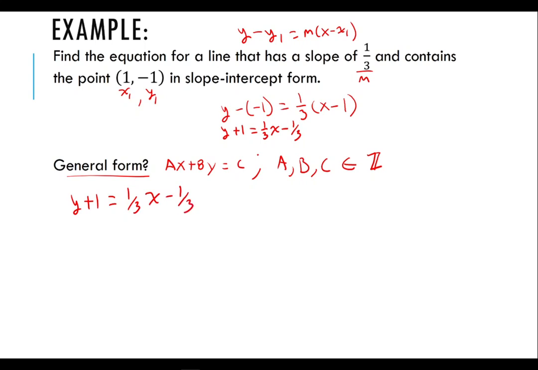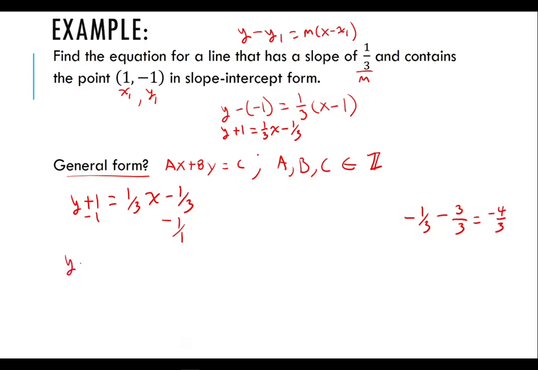I need the constants on the right hand side and the letter stuff on the left hand side. So I'm going to subtract 1, subtract 1. If I'm going to subtract 1, I need to put this in fraction form. That is negative 1/3 minus 1, but 1 in disguise here is going to be 3 over 3. And so negative 1/3 minus 3/3 is really negative 4/3.